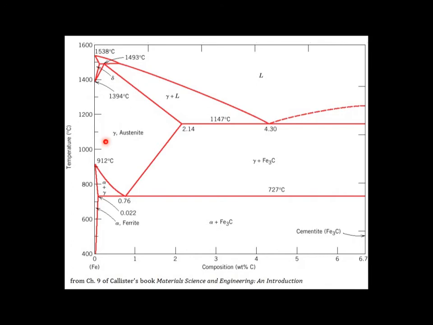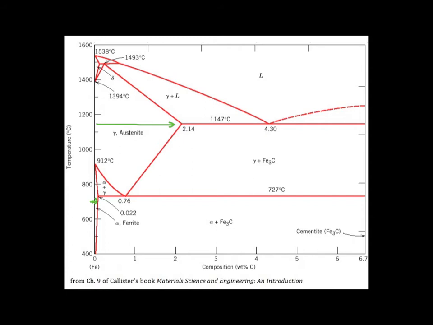The gamma phase is the phase for many austenitic stainless steels. You'll notice that the solubility of carbon in the austenite phase is significantly higher than the solubility of carbon in the BCC phase.